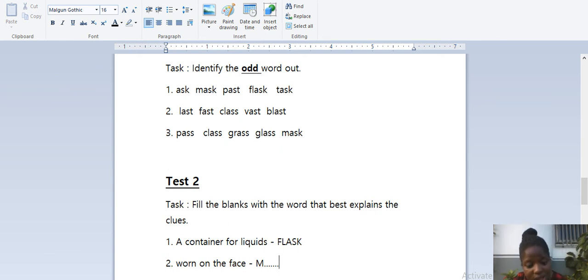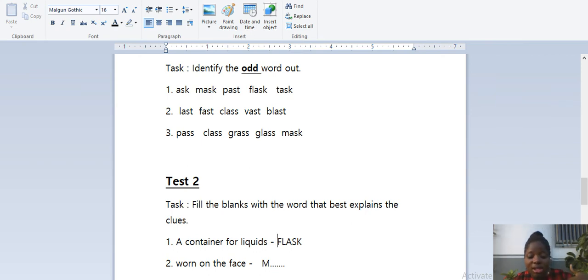So let's move on to the next one. On the face, that's the clue we have, and you have to complete this right here with the answer that best explains the clue. The clue here is one on the face. A lot of things are one on the face. Glasses are one on the face, but we're dealing with words that end with ask.